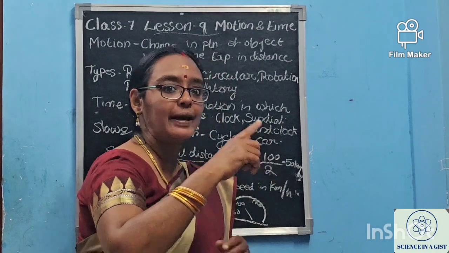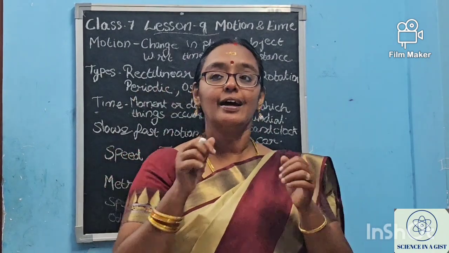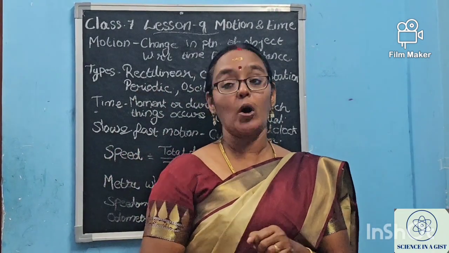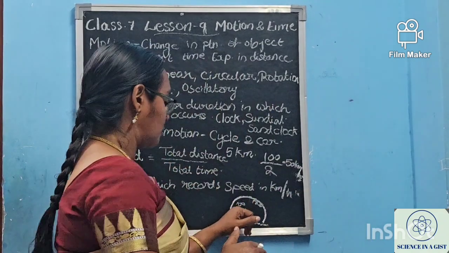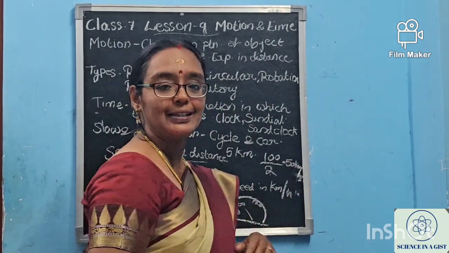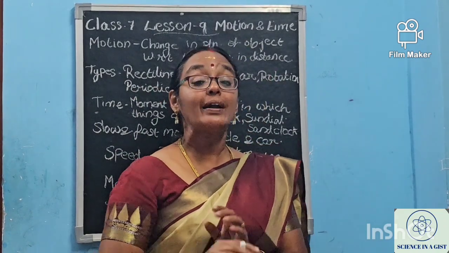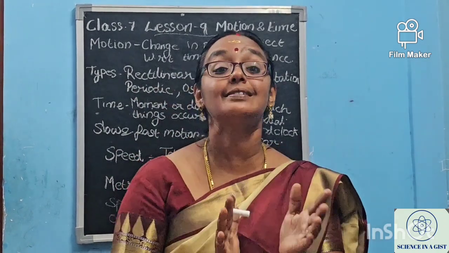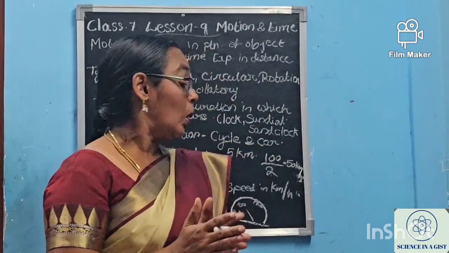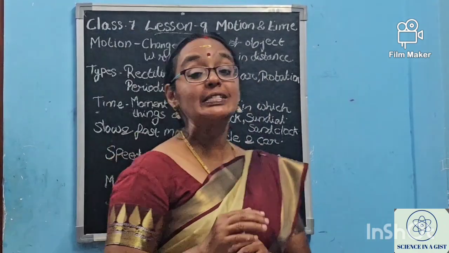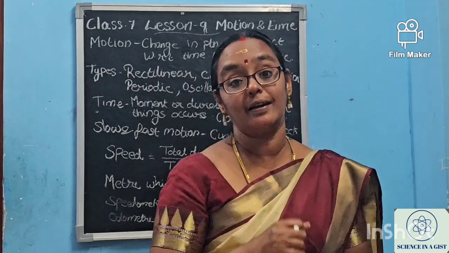This pointer goes on changing while the vehicle is moving, or it will be fixed on 100 or 120 in the case of a car, or even in bikes also. So what is it? It's a meter which helps for recording the speed.